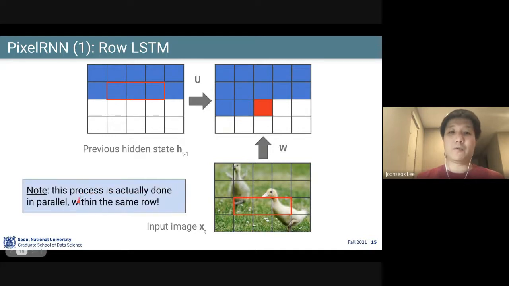One thing to notice is that this process is done in parallel, not sequentially, because the entire previous row is given, which was done previously, and the entire input image is also given. So we can compute each pixel in the same row at the same time in parallel. That expedites this process.